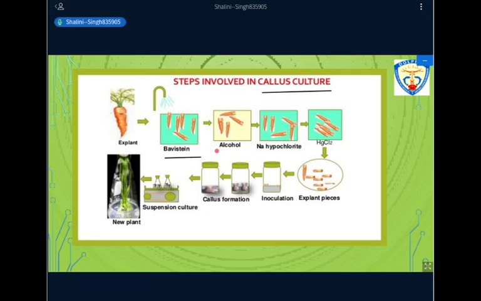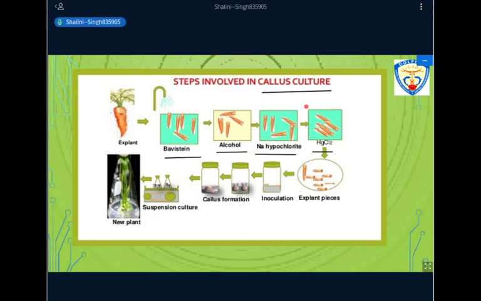You can use any sterilant for the sterilization of your explant. It may be alcohol, it may be sodium hypochlorite, or it may be mercuric chloride. It is not necessary to treat your explant with all of these one by one. You can choose any one of these and keep your explant in it for a specific time period.